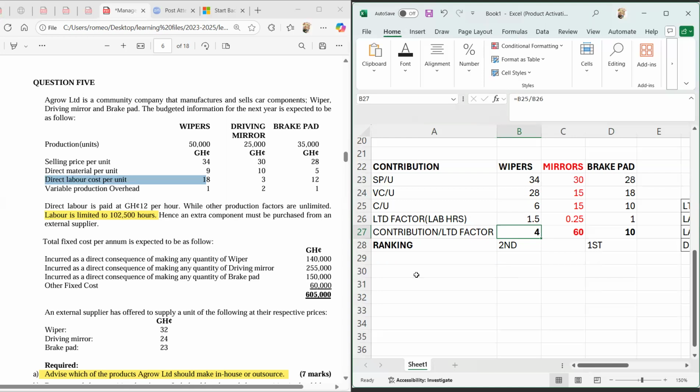Thank you. Okay. So now let's look at which ones to produce first. So here you just bring the limited factor. This is how I normally do mine. So limited factor.